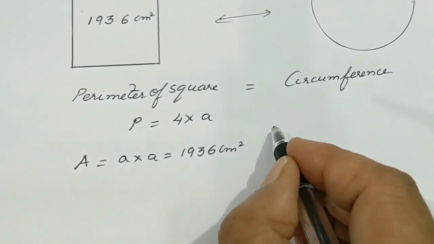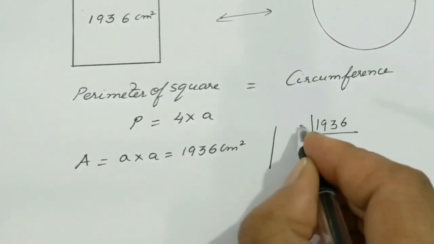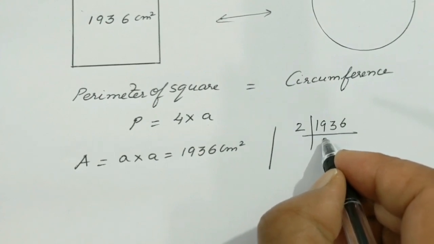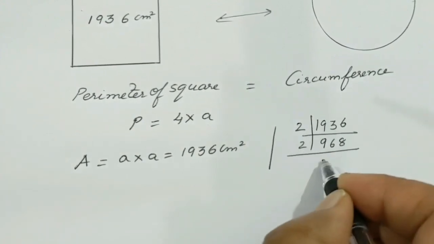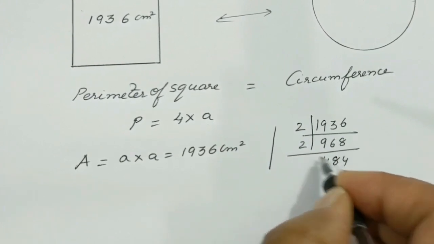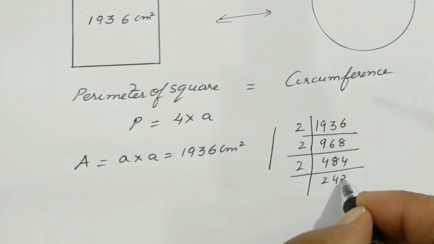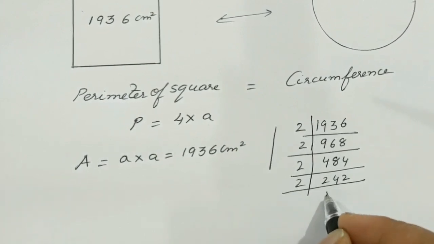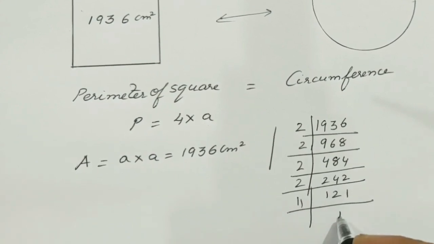So when you find all its prime factors, 1936 divided by 2, 2 nines are 18, 2 sixes are 12, 2 eights are 16, again by 2, 2 fours are 8, 2 eights are 16, 4 again by 2, 2 twos are 4, 2 fours are 8, 2 twos again by 2, 2 ones are 2. This will go how many times? 11 and 11.